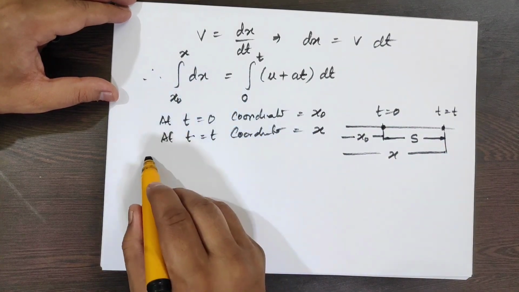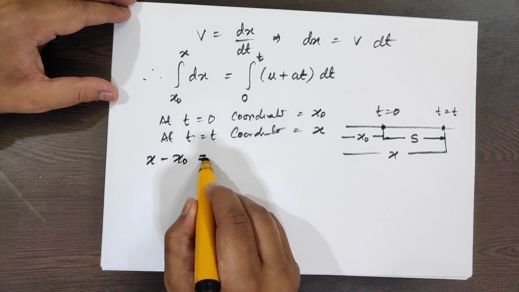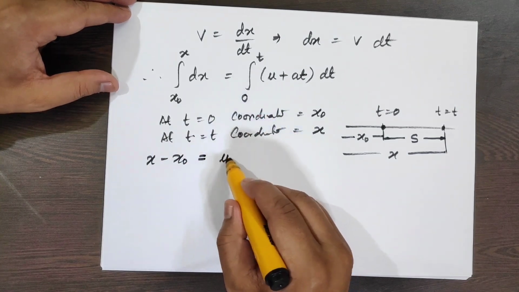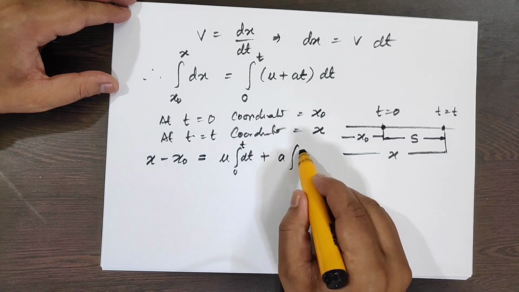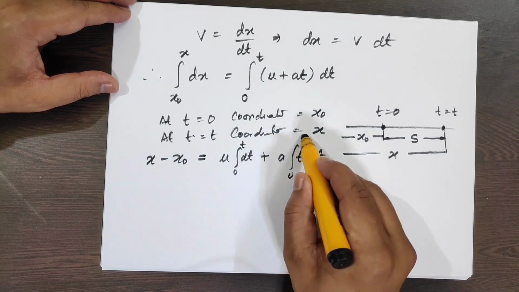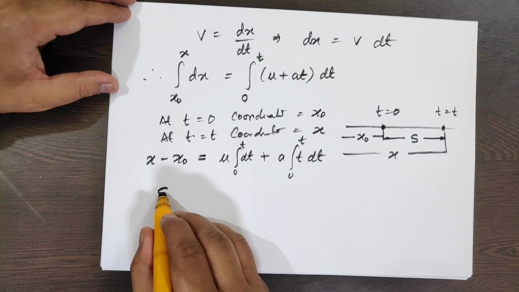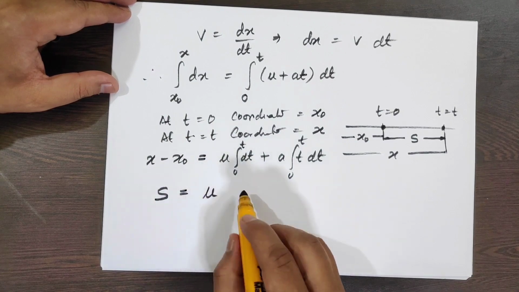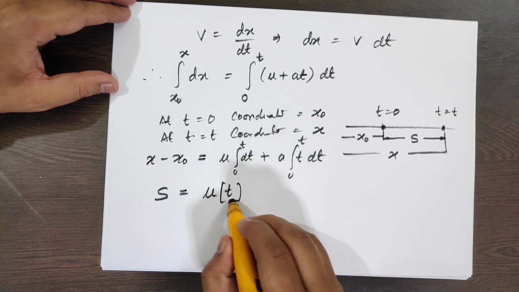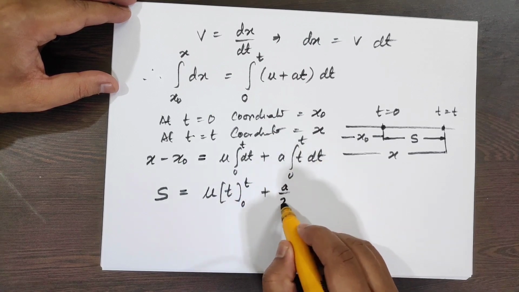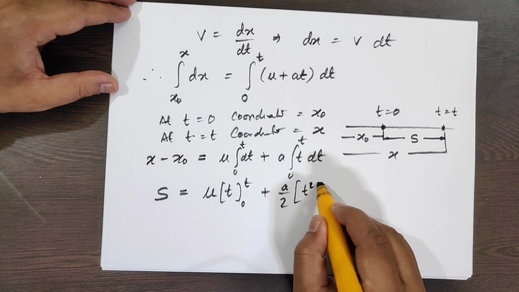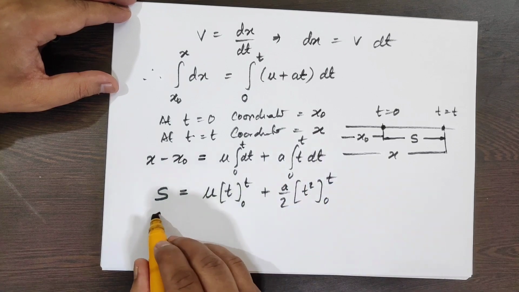So here what you get: x minus x naught equals the integration of u dt from 0 to t plus a times the integration of t dt from 0 to t. So this is s equal to u times t from 0 to t, plus t square by 2, this 2 you can bring here, so t square from 0 to t.